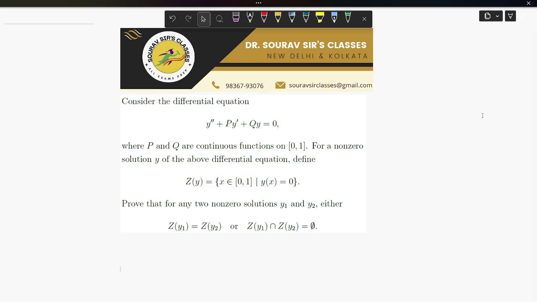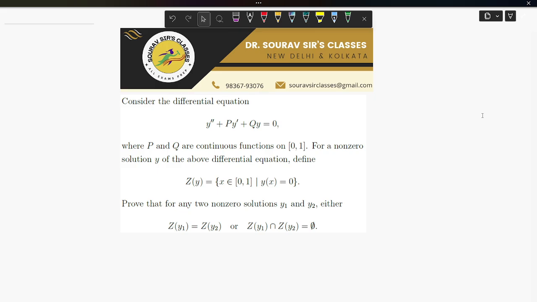Okay. So now we are going to solve a problem which appeared in the ISI JRF question paper. The question is telling us to consider the differential equation y'' + p y' + q y = 0, where p and q are continuous functions on the closed interval [0,1].